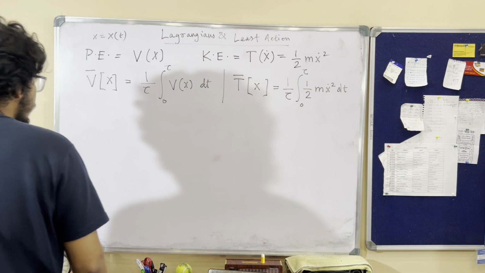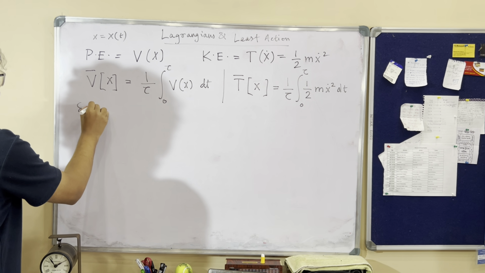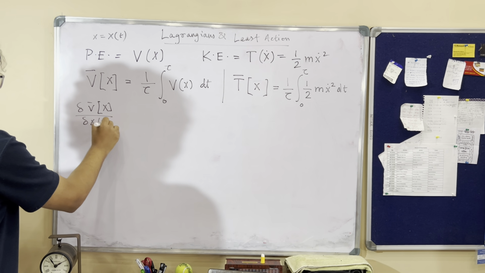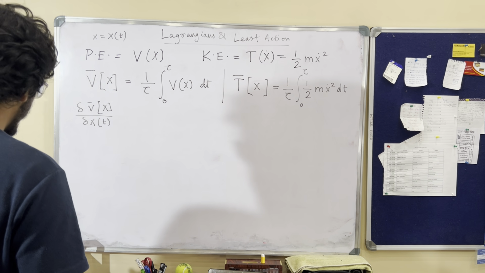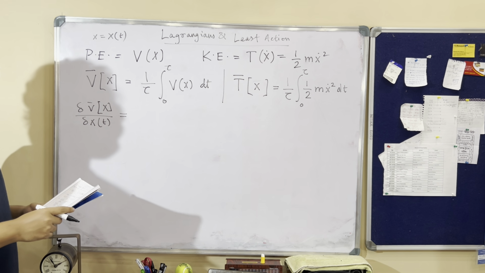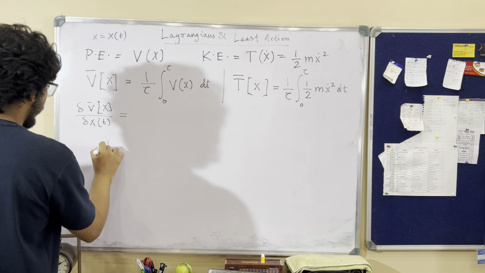So first let's differentiate this thing. We are interested in finding this object. I calculated one expression in one of the examples in the last video, and I'm writing that again.